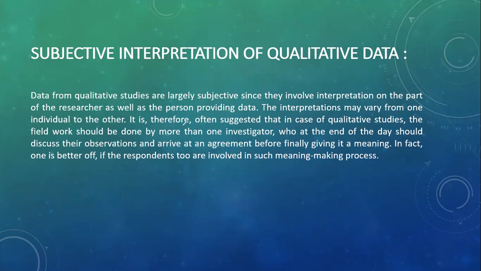So it is therefore often suggested that in the case of qualitative studies, the field work should be done by more than one investigator. Why? Because interpretations may vary. At the end of the day, they should discuss their observations.